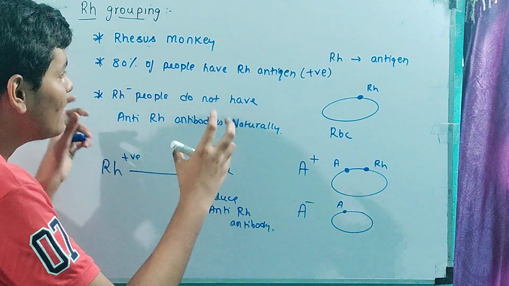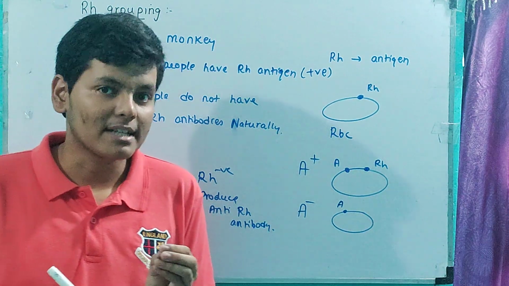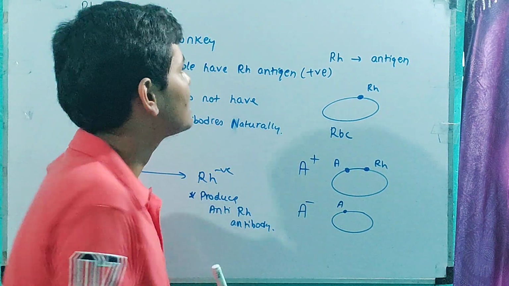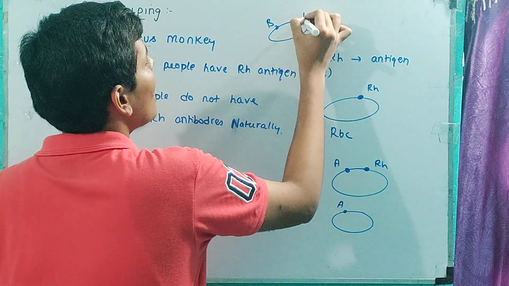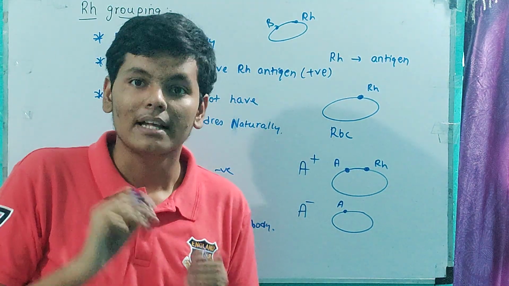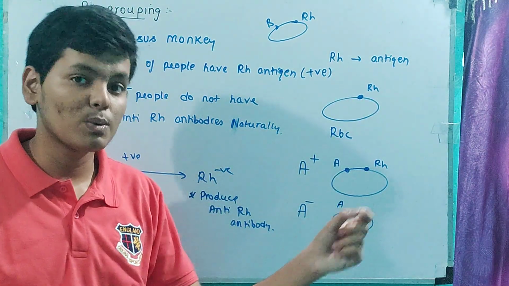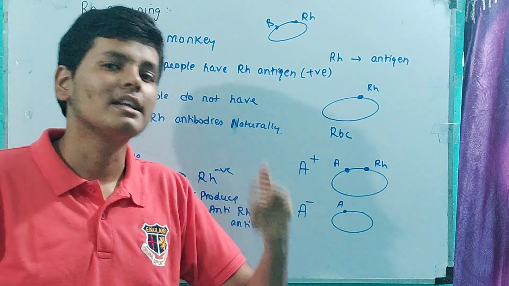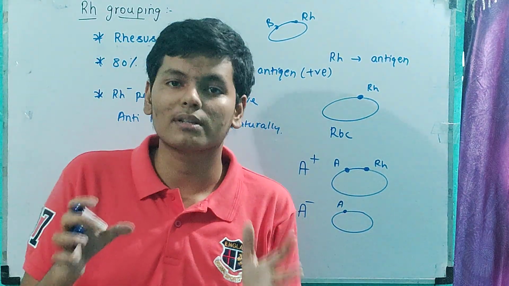So this is the main base of what RH grouping is. From this we can understand that a person who has antigen B on the surface and also RH antigen on the surface can be called B positive. And if a person has B on the surface but no RH, then that person can be called B negative. So this was the main idea about blood grouping.